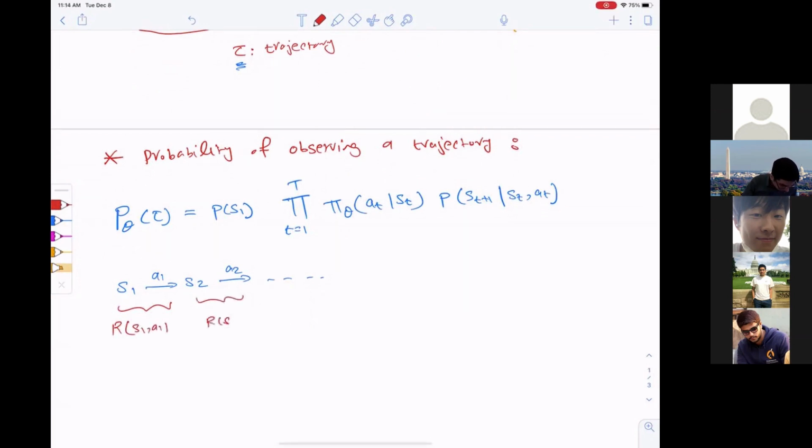So I have these rewards, and my ultimate goal is to maximize the total reward that I'm collecting. And here I'm considering the finite horizon case. So I'm not considering any discount factor, but you can easily add a discount factor.